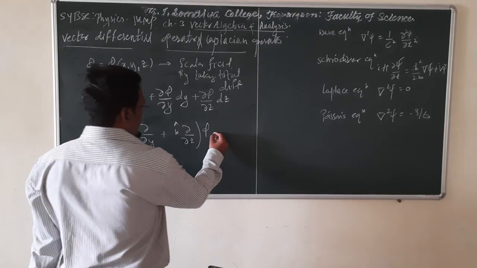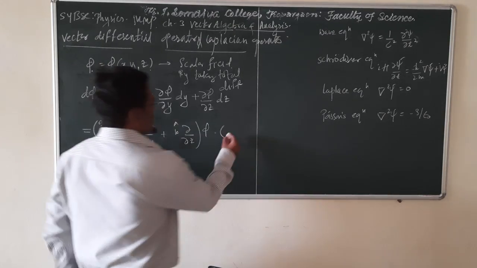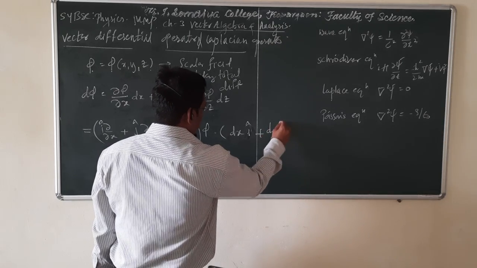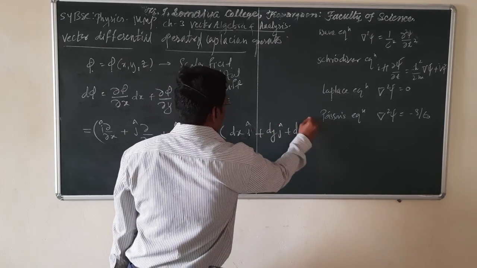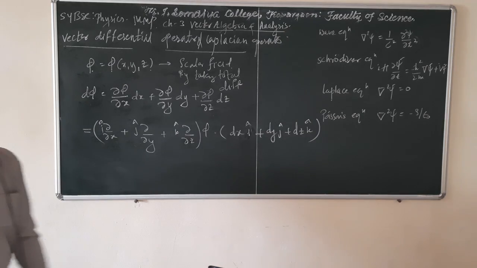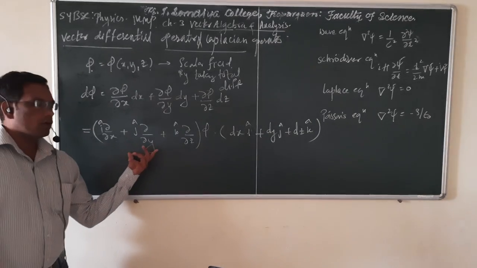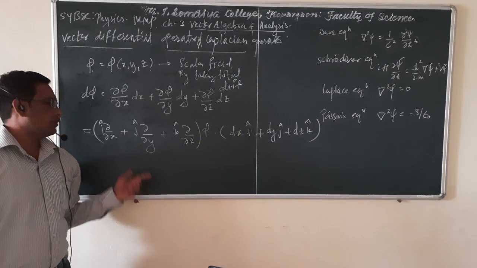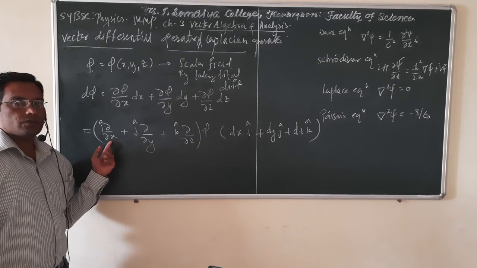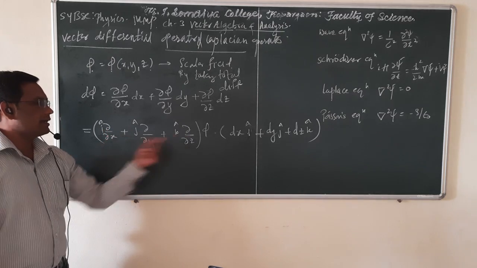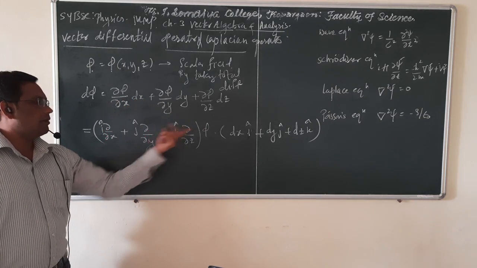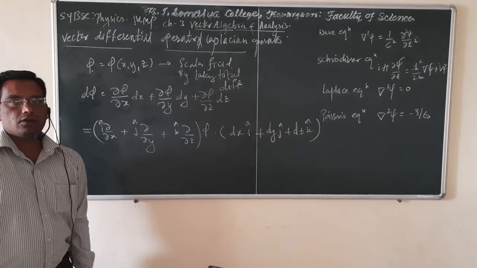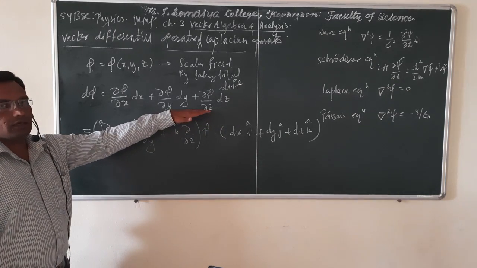If you take the dot product of this term with dx i cap, dy j cap and dz k cap, the coefficient of i cap is dx over here and del phi by del x over here. So we get del phi by del x dx plus del phi by del y dy plus del phi by del z dz.